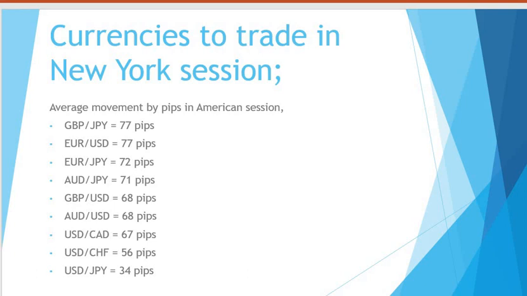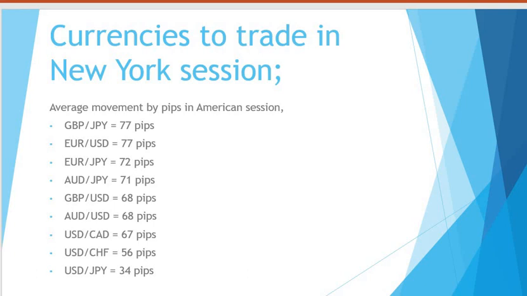And then again surprisingly, the pairs that are in the third and fourth position by movement in the New York session are the pairs of Euro JPY and AUD JPY. What is surprising is that the United States dollar is not included in both of these pairs.